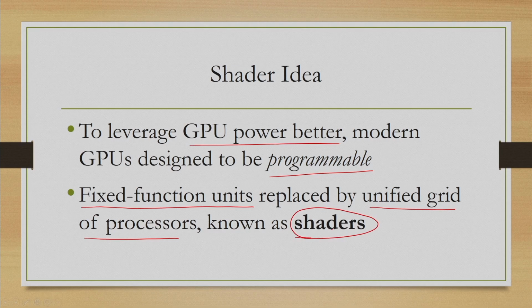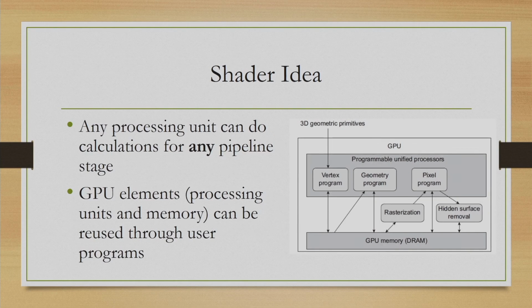So, earlier there were fixed function units, now there is a unified grid of processors which are called shaders. And any processing unit can be used for performing any pipeline stage calculation.